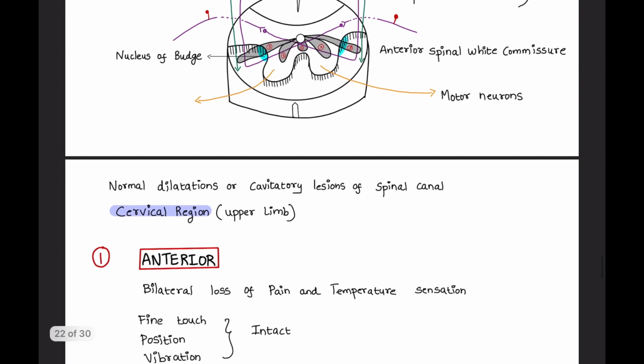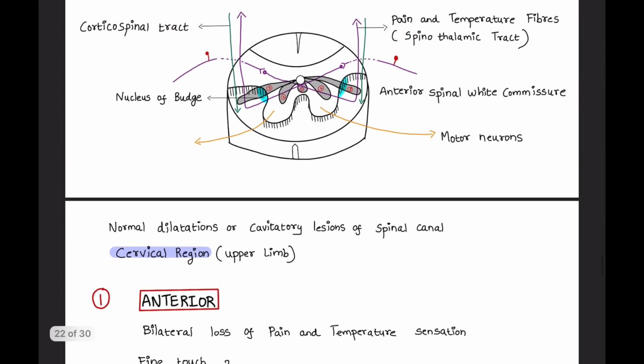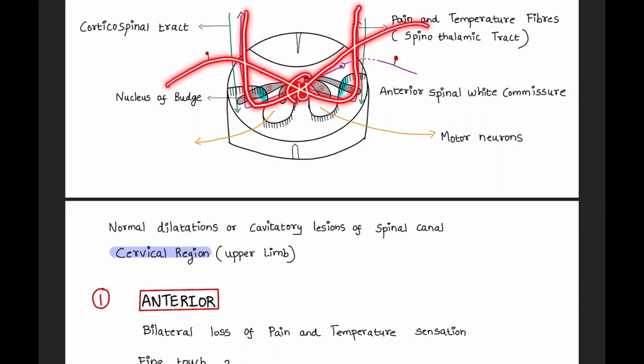If the dilatation happens anteriorly, the spinothalamic tract, which enters the spinal cord, crosses and moves upwards, is affected. The function of the spinothalamic tract is pain and temperature. So these fibers are affected.